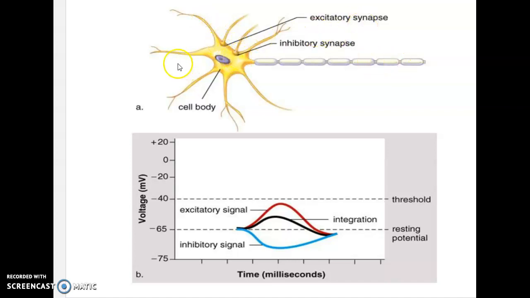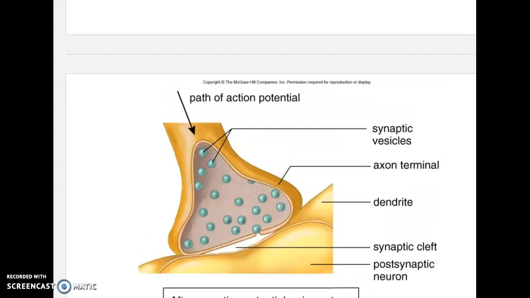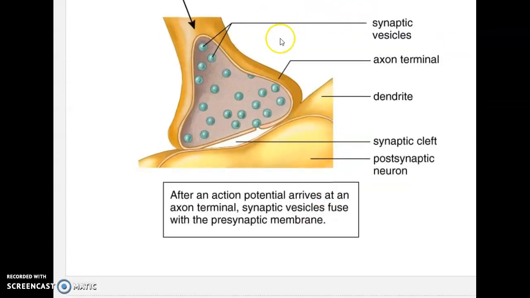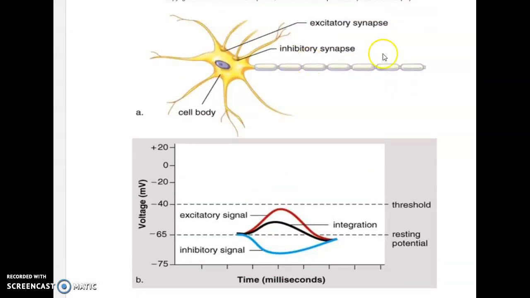So where do we synapse from one neuron to another? Well, we always do it in what we call the receptive areas, which are the dendrites and the nerve cell body. You're not going to see a synapse coming right here to the middle of that axon. The only place in an axon that may have a synapse could potentially be the very end. We could potentially have a synapse going to another bulb area, but you're not going to see it on the rest of the axon.